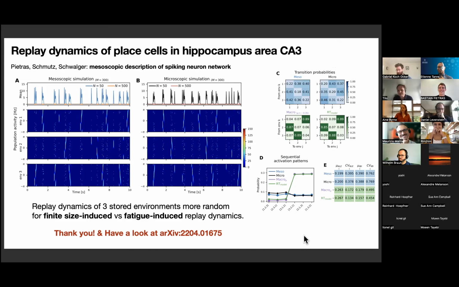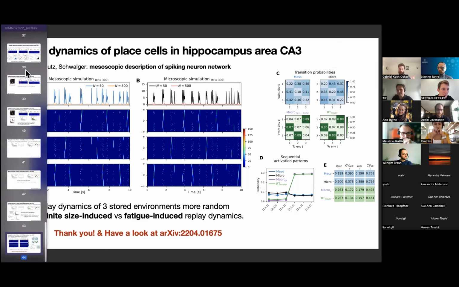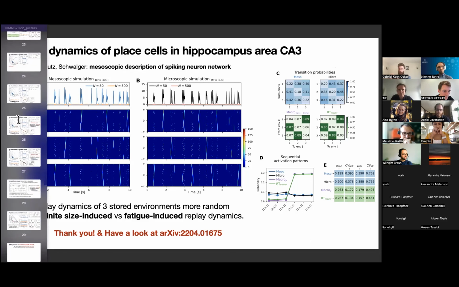My second question: here you suggested that hippocampal replay was due to these finite size induced network reactivations. My understanding is that you have fluctuations in these networks through finite size because of the 1/n coupling. Without the 1/n coupling, if you had stronger coupling, you might not lose fluctuations in the large n limit.